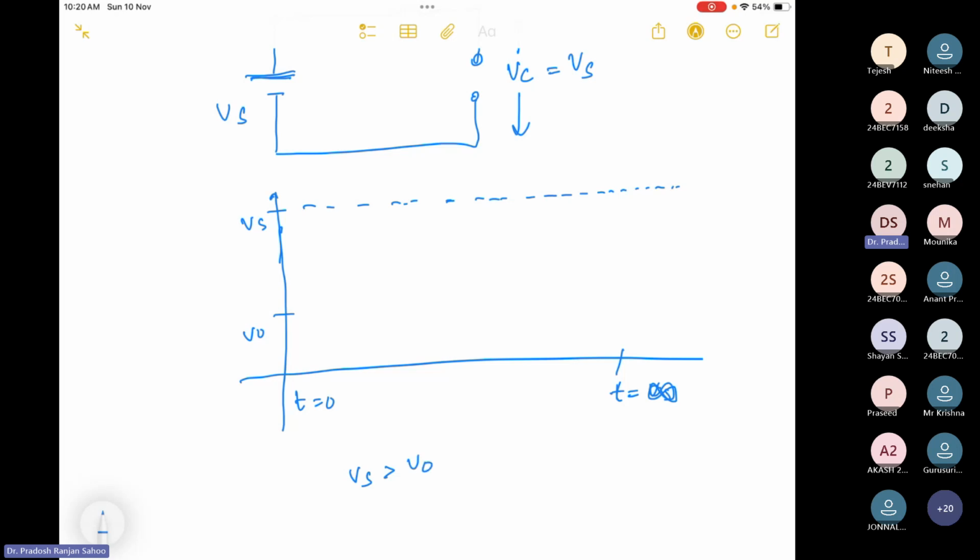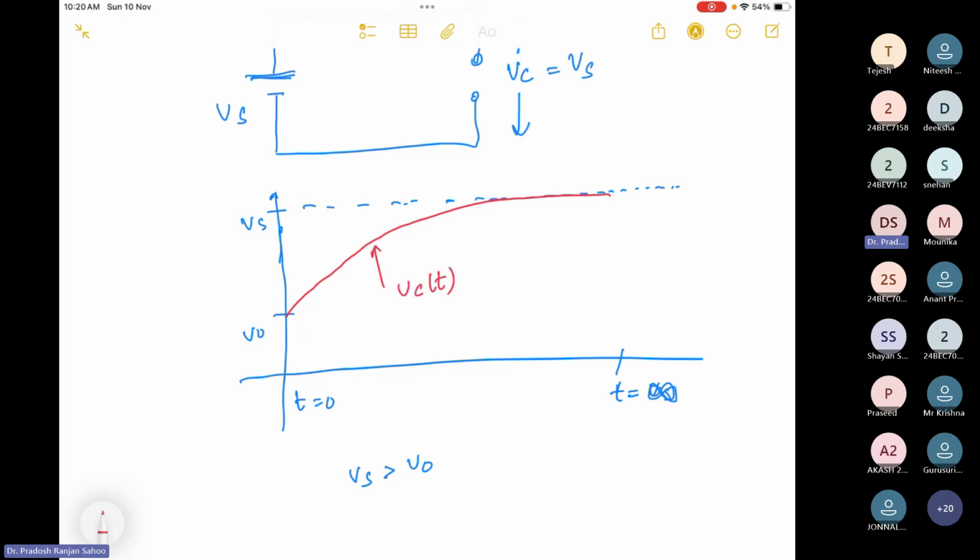That means the capacitor voltage will behave like this. It is increasing exponentially. So now I want to find the equation of this capacitor voltage.